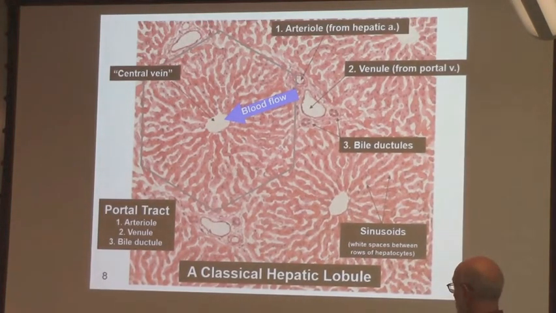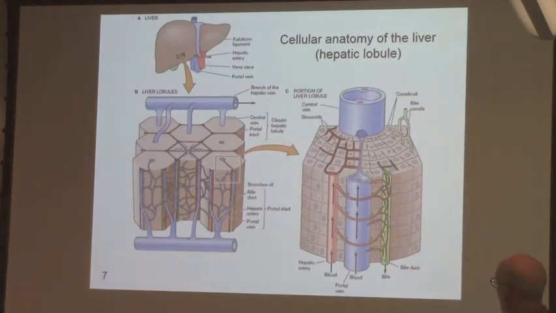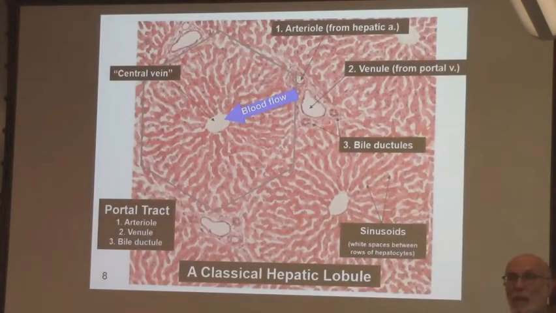Let me go back one. So all of this percolation, arterial blood and venous blood, works its way to a central vein, which is going to become the hepatic vein, which is going to drain the blood from the liver into the inferior vena cava. Yeah.